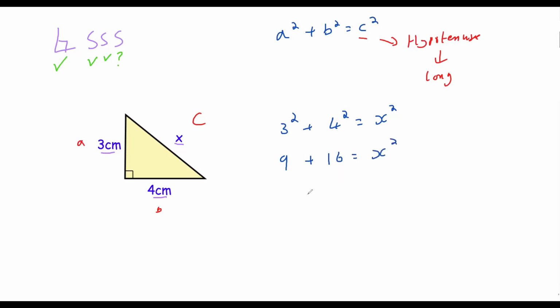Let's evaluate this, and that becomes 25. So 25 is x squared. Now we just do a bit of inverse, because we need to figure out what x is, so we have to square root both sides. The square root of 25 is just 5, so therefore x is equal to 5. Hopefully that one makes sense.